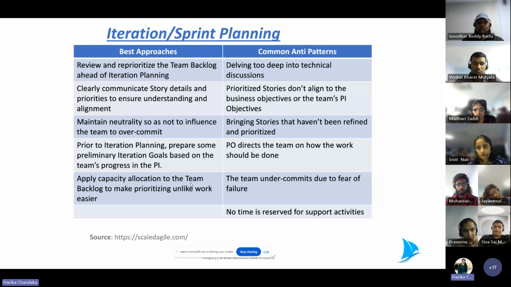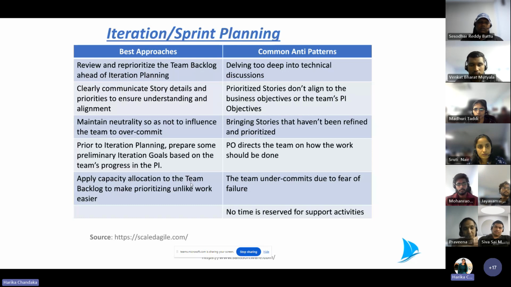Prior to iteration planning, prepare some preliminary iteration goals based on the team's progress in the PI. At the end, we target to achieve the quarterly goals, which is called the program increment. This is PI planning. As an organization, every quarter, every 3 months, we have these PI meetings, and every team comes up with goals that they will be delivering these so and so features by the end of the quarter.